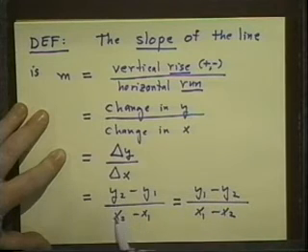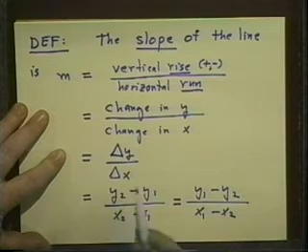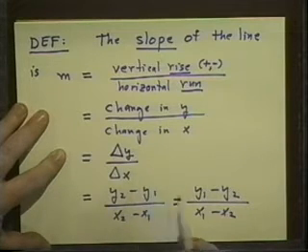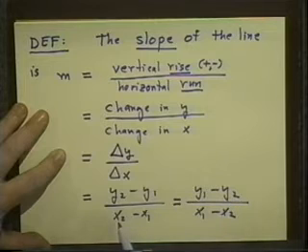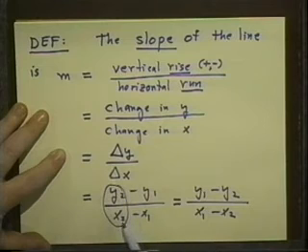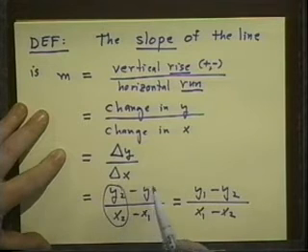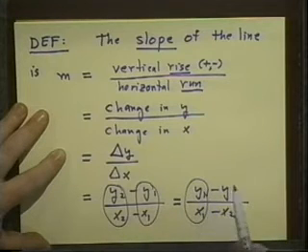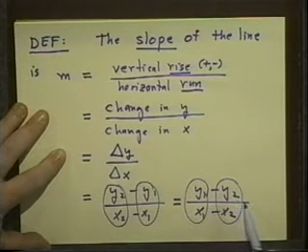But then I've multiplied the top and the bottom by negative 1. That's like multiplying the whole expression by 1. Negative 1 over 1 is just 1. So this expression is the same as this one. So all that matters is x2 and y2 are the first two numbers used, and x1, y1 are the second, or the x1, y1 are the first and the x2, y2 are second. As long as you're consistent, you can calculate the slope either way.